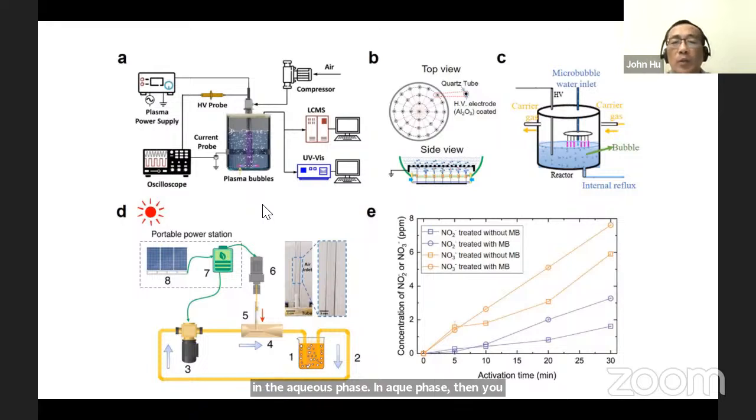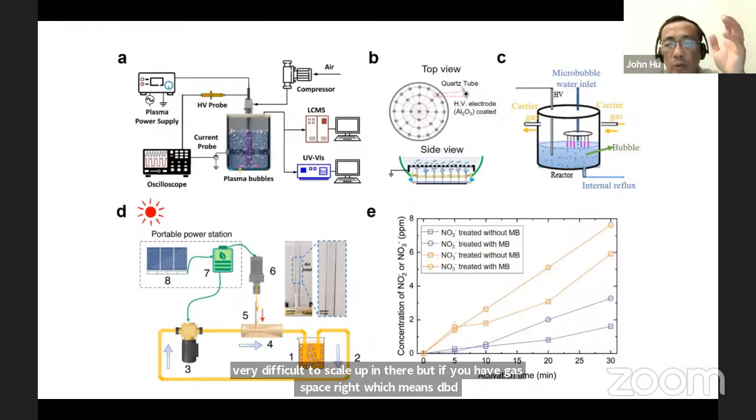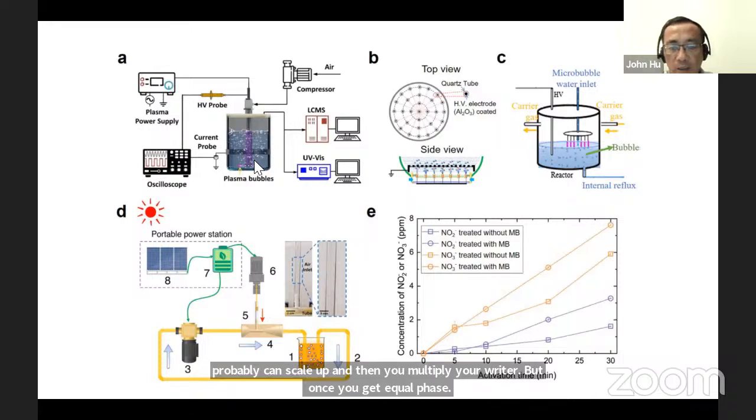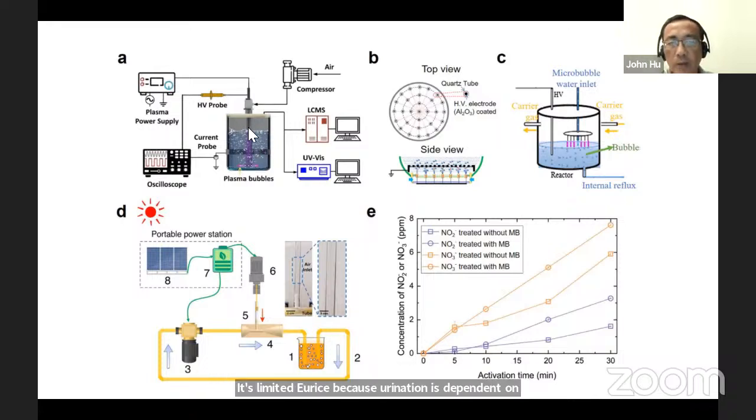I do not like this because it's very difficult to scale up. But if you have a gas phase reaction, which means DBD, you can probably scale up and multiply your reactor. Once you have an aqueous phase, your reaction is limited because it depends on the surface area. There is limited surface area you can use, but you deal with a big vessel of liquid phase.